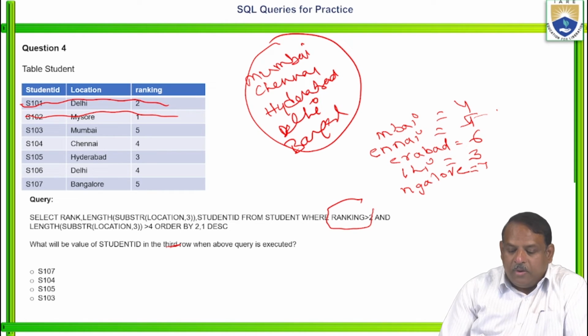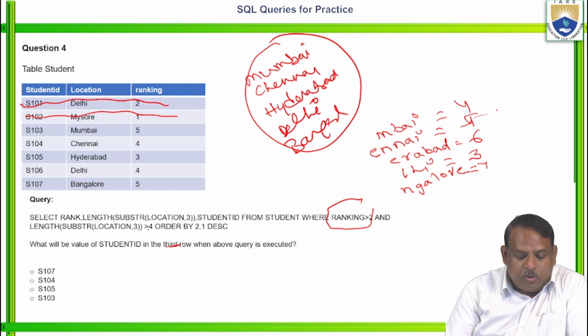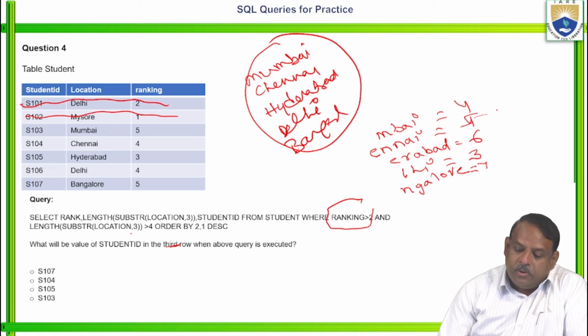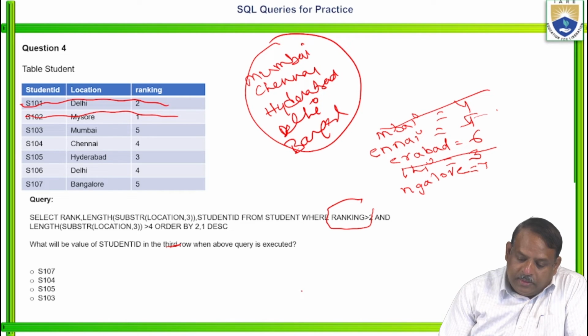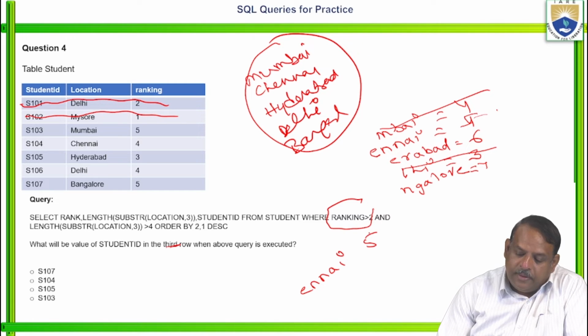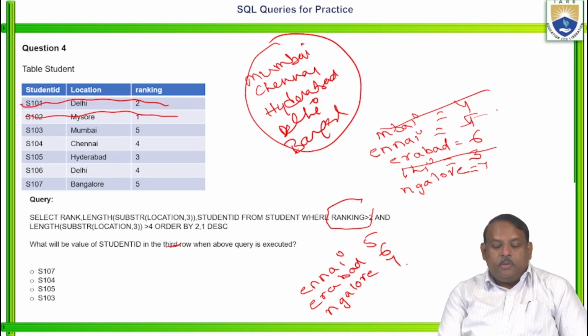Now we have to remove those records which are less than 4. So you can safely remove Mumbai and Delhi. You are left with Chennai, ENNAI, this is 5. Then we have Hyderabad, ERABAD, this is 6. Bangalore, NGALORE, this is 7.